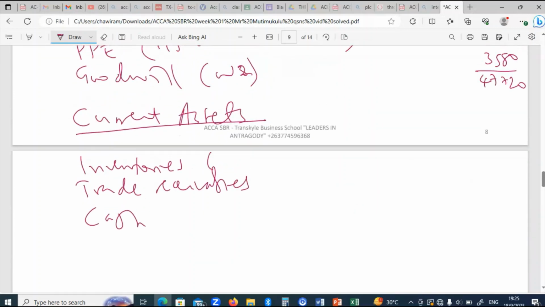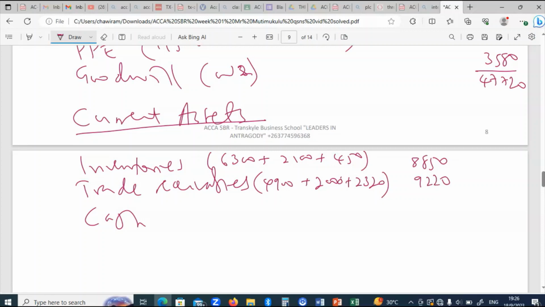So for the inventories, we're going to say 6,300 plus 2,100 plus 450, and we get a total of 8,850. For the trade receivables, we have got 4,900 plus 2,000 plus 2,320. We get a total of 9,220.